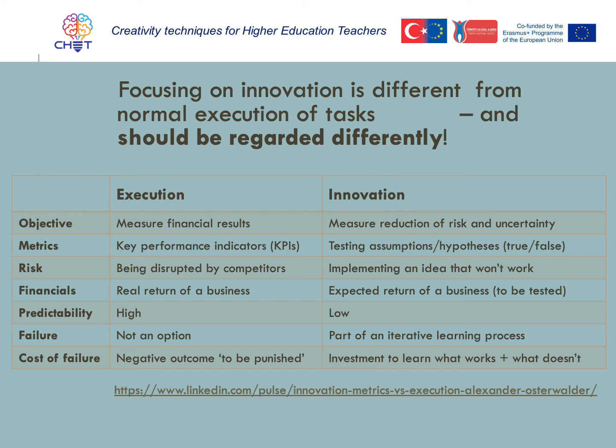And in order to really highlight that, you see a little table here listing the differences between execution and innovation. So the business as usual execution of tasks versus trying to come up with something novel.